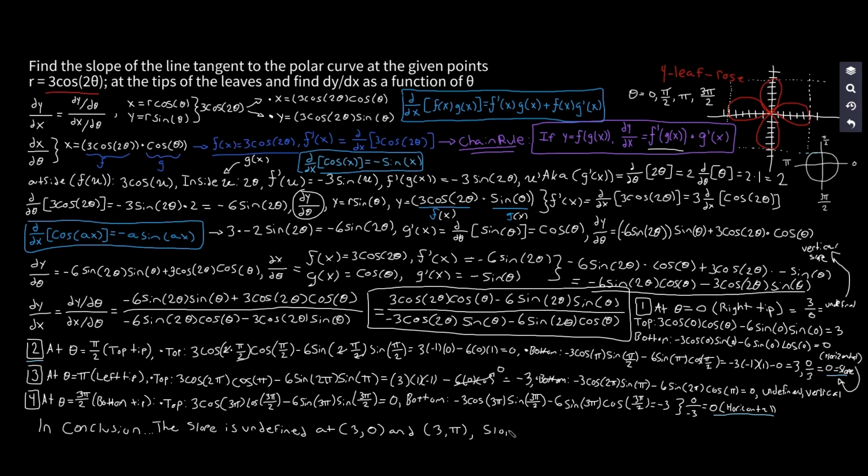But the slope is 0 at the points -3 and pi over 2, as well as the point -3 and 3 pi over 2.